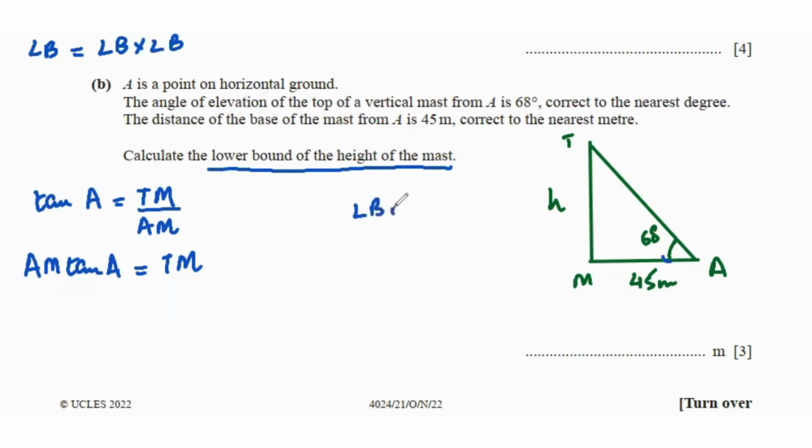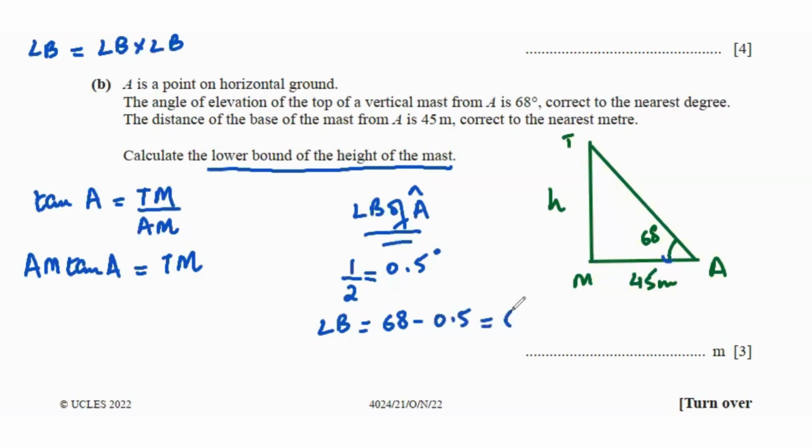So for the lower bound of angle A, first we divide the degree of accuracy by 2. So 1 over 2 is 0.5 degrees. For the lower bound, we subtract 0.5 from 68, which gives us 67.5 degrees. This is the lower bound of the angle. Then for the lower bound of AM, we again divide the degree of accuracy by 2, so that's 1 over 2, which is 0.5.